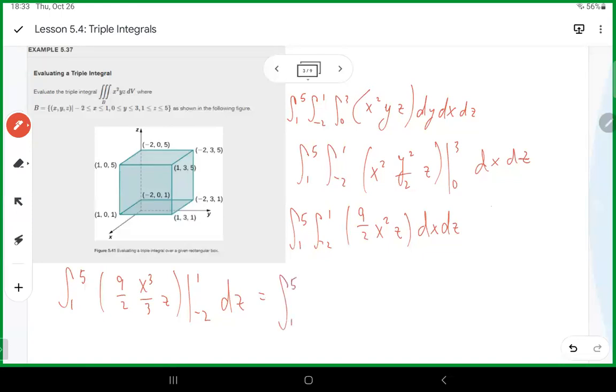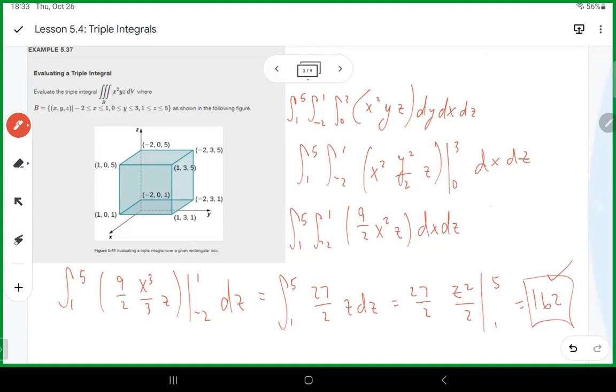Then 1 to 5, 27 over 2, z dz. And then that's going to be 27 over 2 times z squared over 2, 1 to 5. So your final answer here is going to be 162.